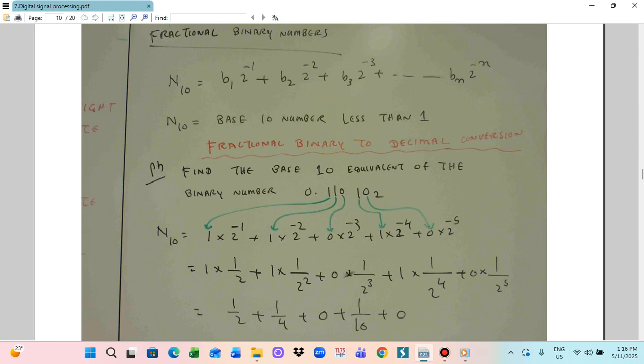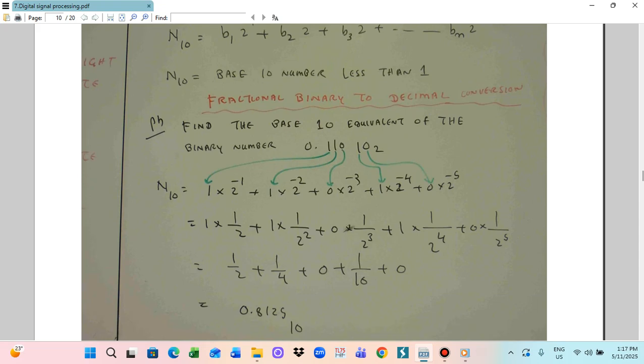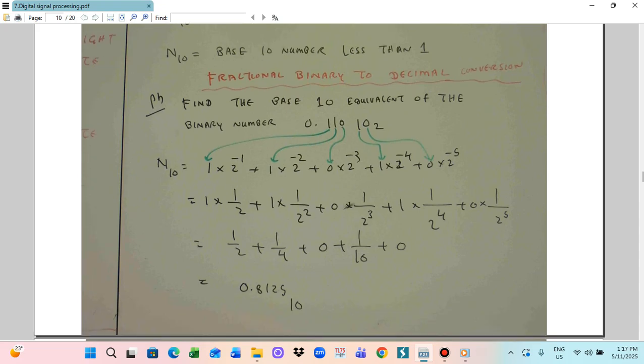After that you see the 0, 0 multiplied by 2 power minus 3. After that you see the 1 multiplied by 2 power minus 4. And then finally you see the 0 multiplied by 2 power minus 5. So that will be 1 times 2 power minus 1, plus 1 times 2 power minus 2, plus 0 times 2 power minus 3, plus 1 times 2 power minus 4, plus 0 times 2 power minus 5.